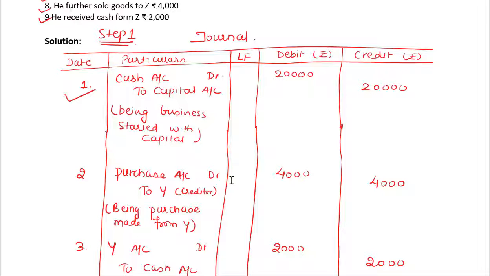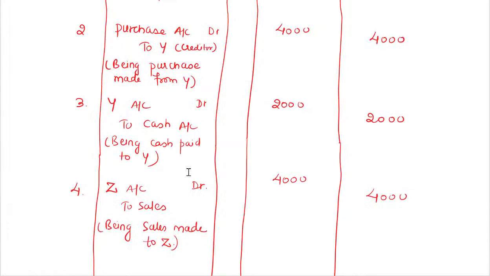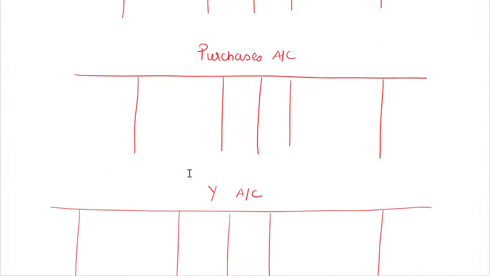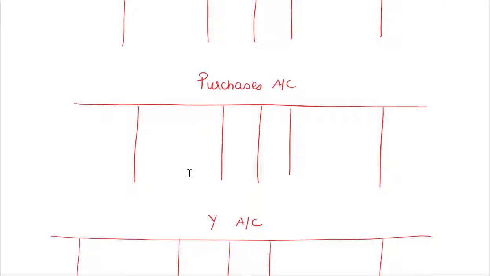First entry is clear. Let's move to the second journal entry, that is purchase account debited to Y account. So in purchase account we will write to Y on the debit side, and in Y's account we will write by purchase on the credit side, and the amount we will write is 4,000 in both the accounts. Purchase and Y. This is the purchase account.